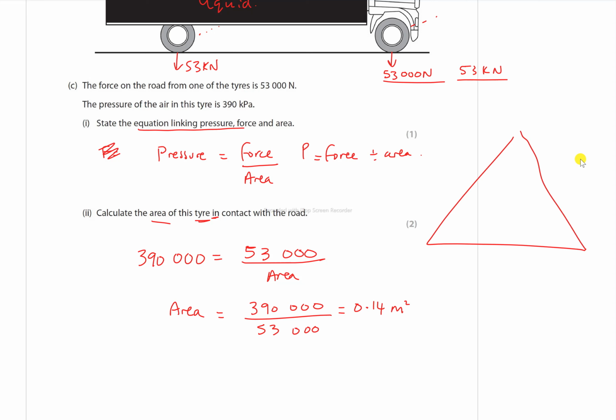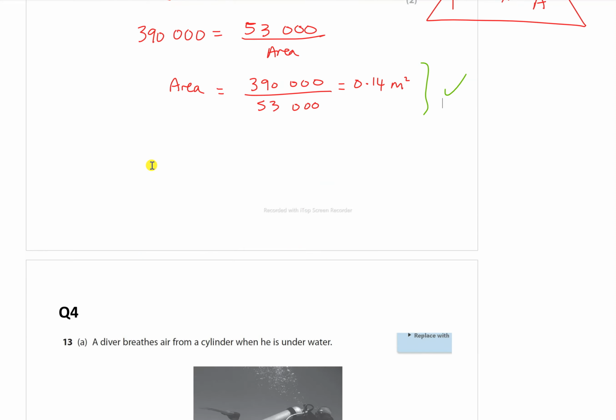Right, if we had this and we knew this, all we do to stop making a mistake is substitute pressure, which is 390,000, and the force is 53,000. Right, okay, there you go. So area, then we can cover area up, and it's force divided by, this line means divided by, area, and that's what we've got here. Okay, let's move on.